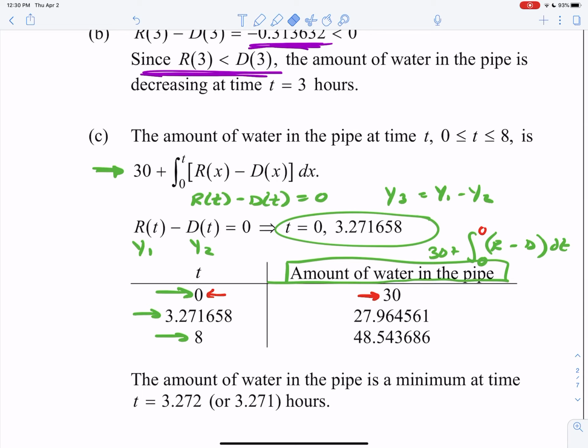Now the next one, if you want to find the amount of water at 3.271, you would have to plug in 3.271 up here as your upper bound. Plug and chug, you should get this value here. And in the same fashion, for the amount of water at t equals 8, you would just go from 0 to 8, and you should get 48-ish.